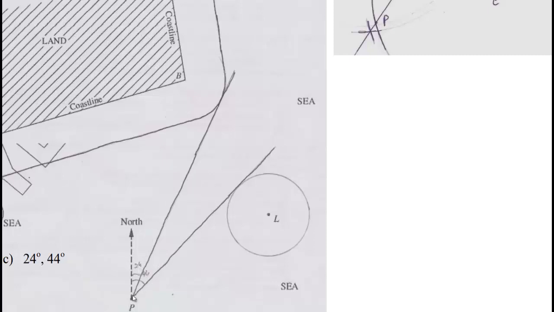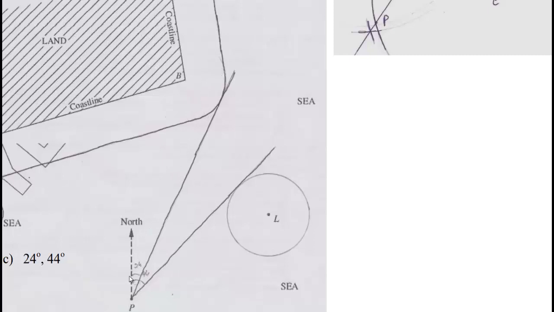So if the ship wants to pass between point B and L, just fulfilling these two conditions, the minimum bearing required is 24 and the maximum bearing is 44. If it tries to move at less than 24 bearing, then the ship has to pass inside this parallel path, which is not allowed.